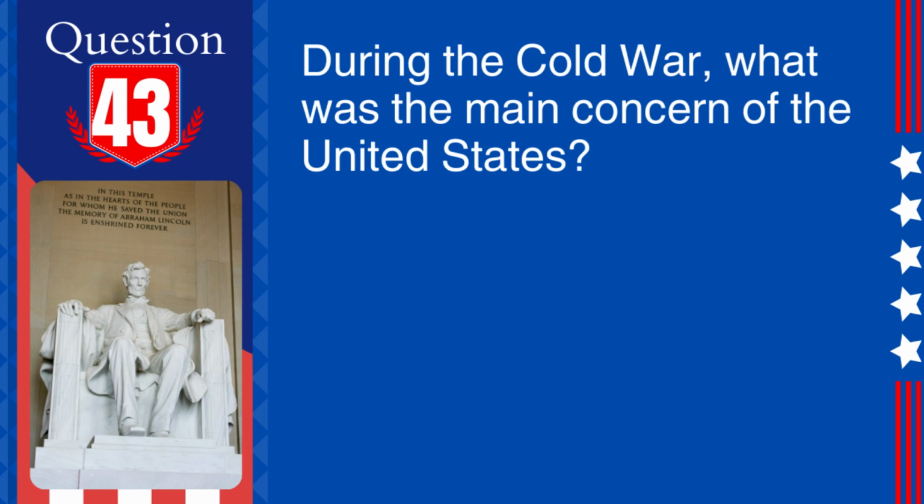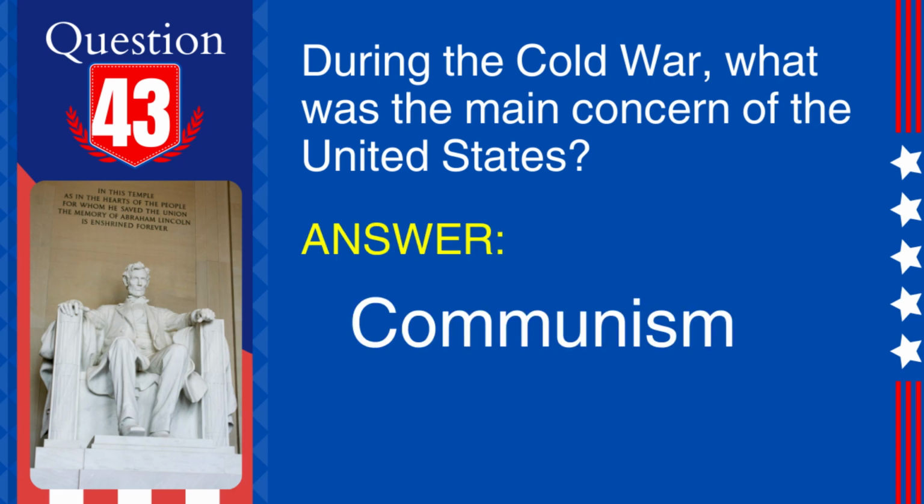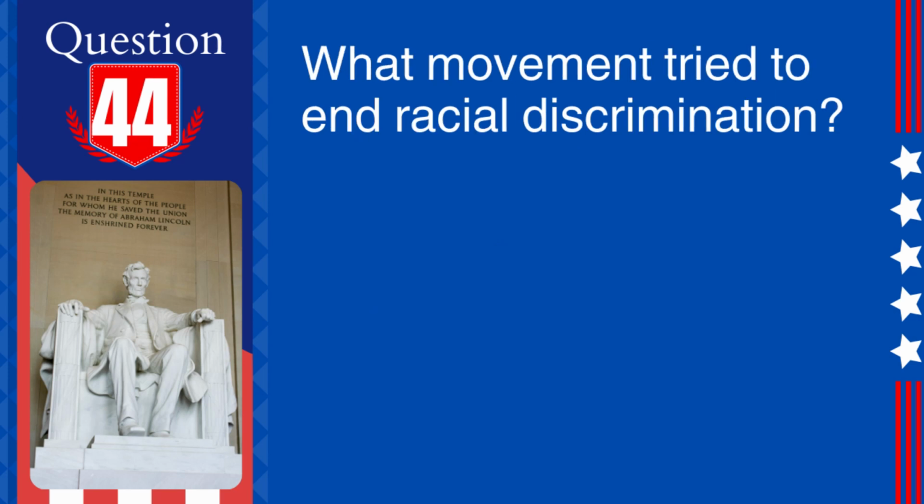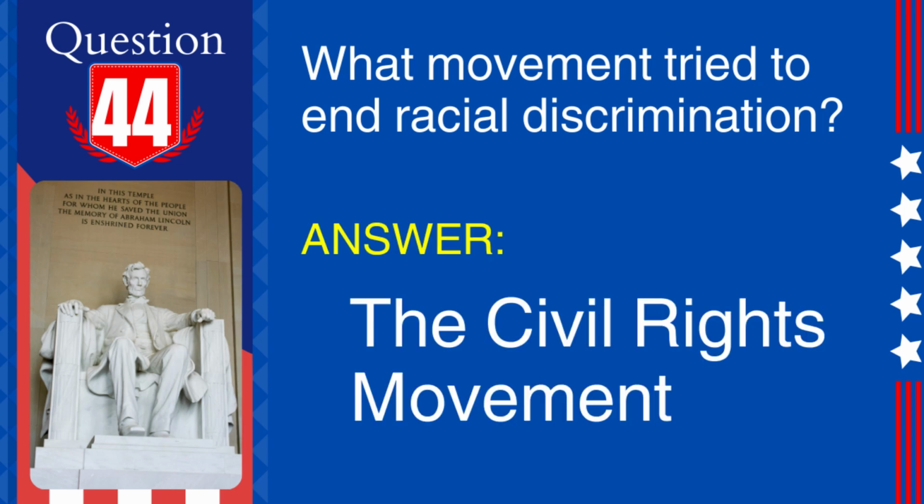43. Question. During the Cold War, what was the main concern of the United States? Answer. Communism. Explanation. The Cold War was characterized by the ideological conflict between the United States and the Soviet Union, with the primary concern being the spread of communism. 44. Question. What movement tried to end racial discrimination? Answer. The Civil Rights Movement.